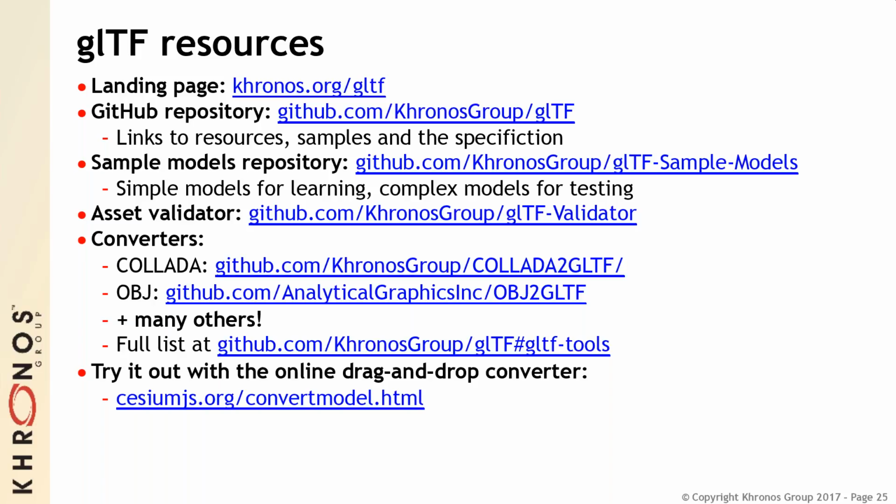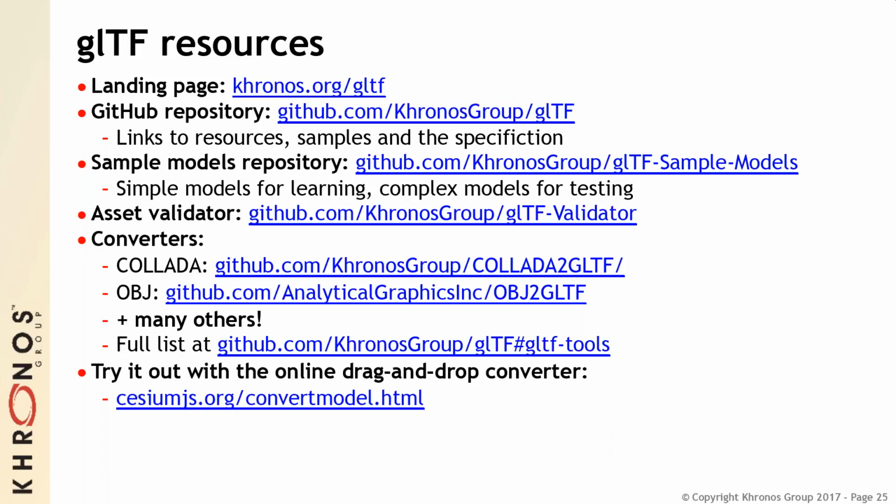Most importantly, maybe Collada: when you have an authoring application like Blender or 3ds Max, then you can always export Collada files, and with Collada to glTF you can convert these Collada files into glTF assets.